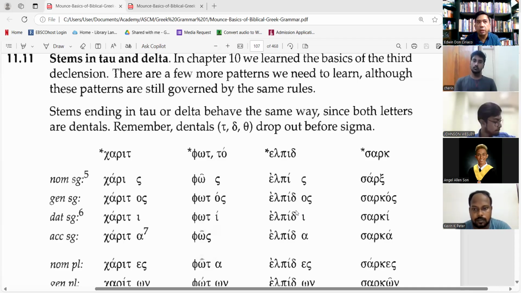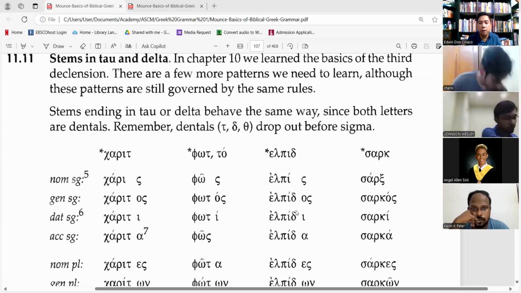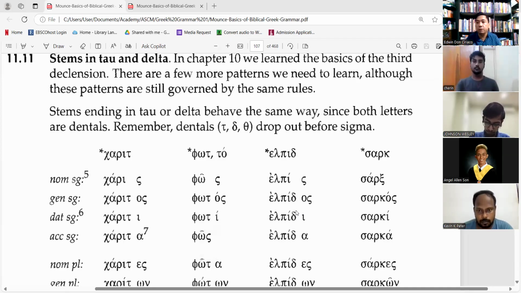So, sir, what are we going to do? You first remember the nominative, okay? You remember the nominative: caris, phos, elpis, sarx. And then what are we going to do, sir? In the genitive, dative, and accusative, it changes in form. So you will not be lost.